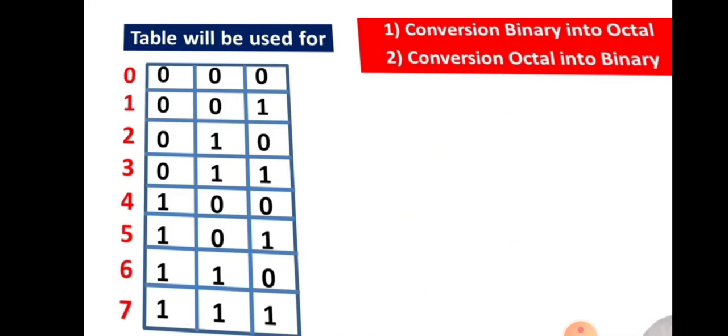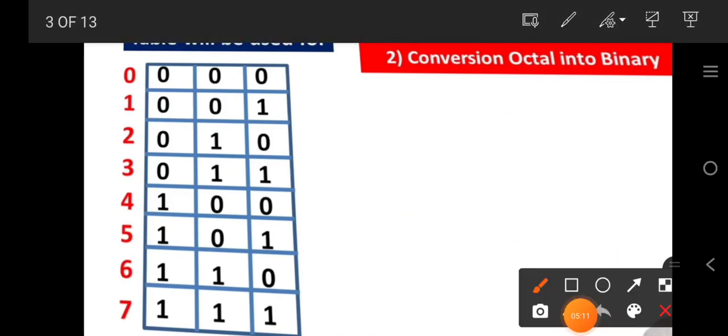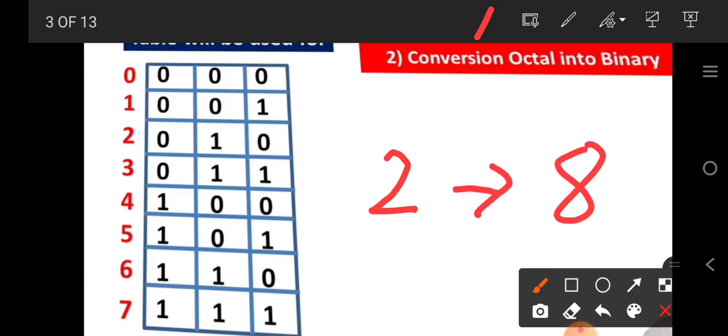Because if you want to convert the octal into binary or binary to octal, means from 2 to 8, then if you square the number 2 you will get 4, and if you want 8 then you will have to make the cube of 2.